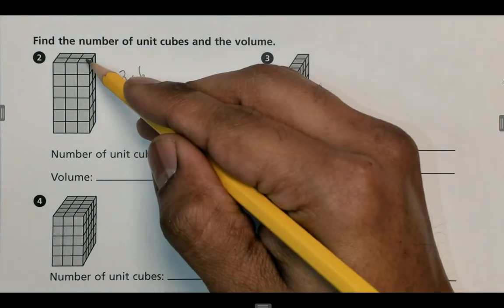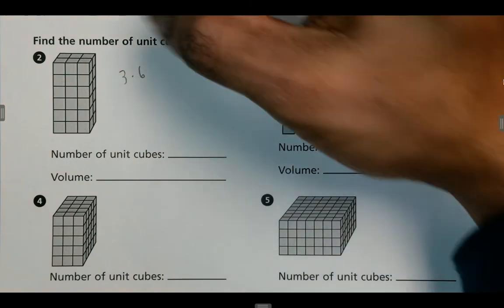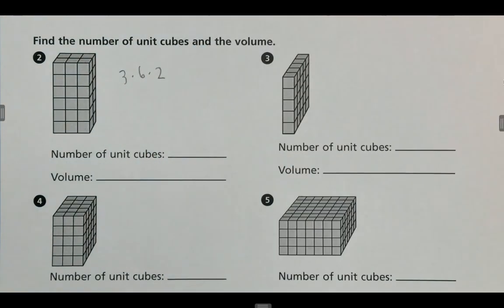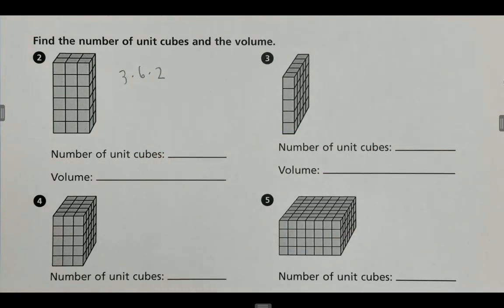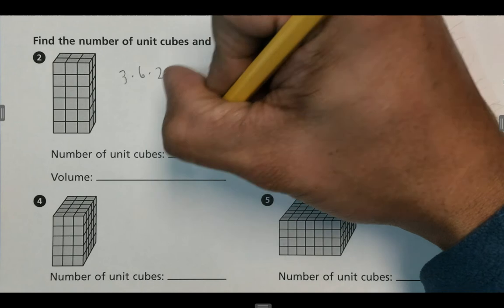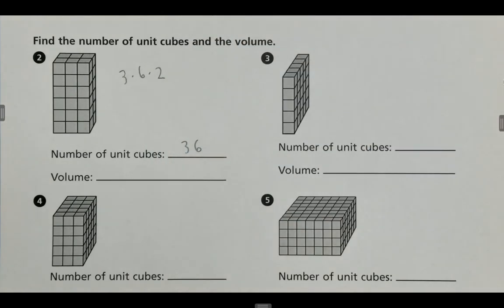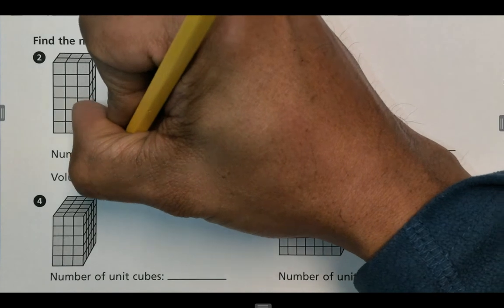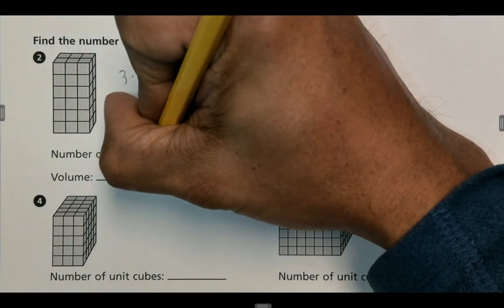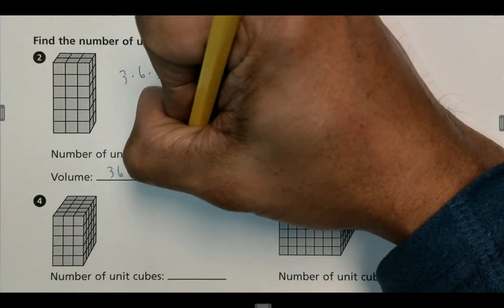And how deep? 2 deep. 3 times 6 times 2. 3 times 6 is 18. 18 times 2 is 36. So 36 unit cubes. And we could say the volume is therefore 36 cubic units.